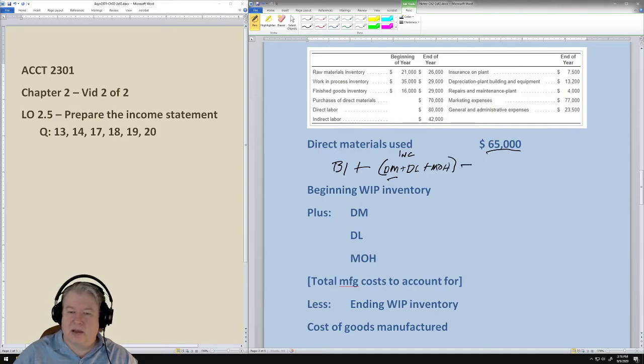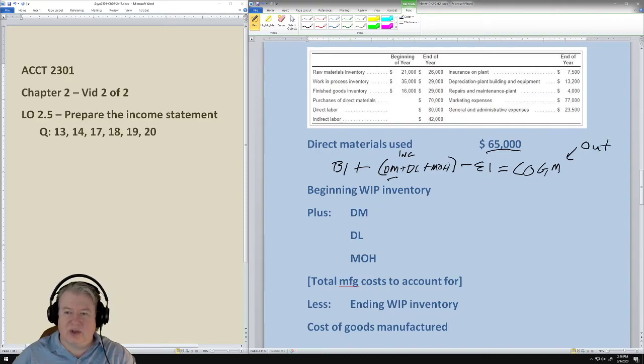So we would then subtract out the ending inventory of work in process, and this is going to give us what we call our cost of goods manufactured. But remember, all we're trying to figure out is these are the things that left work in process inventory. They were finished. They became finished goods. So we will take these items and add them into the finished goods because they're no longer in work in process. These are the items that were completed during this period.